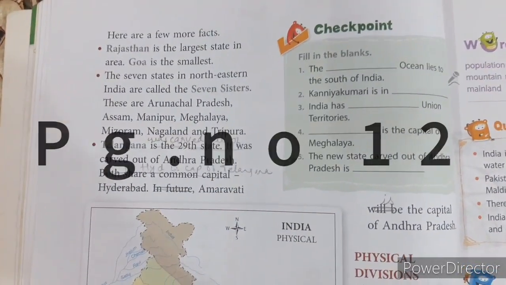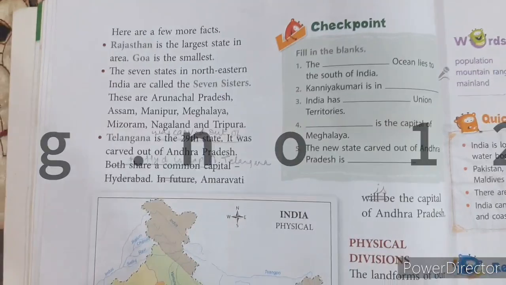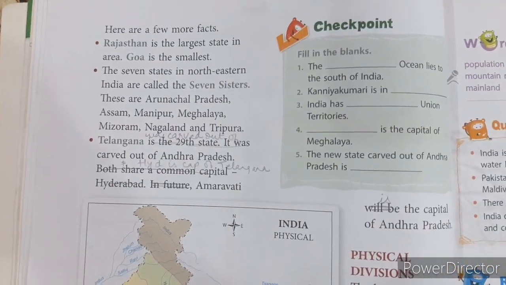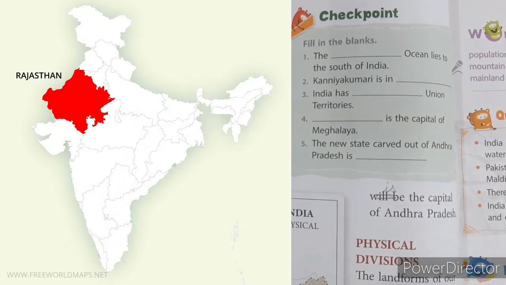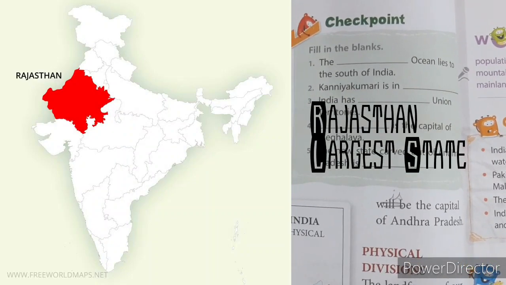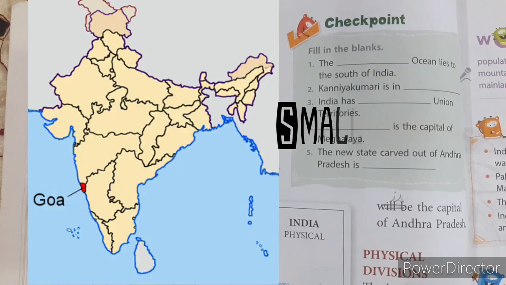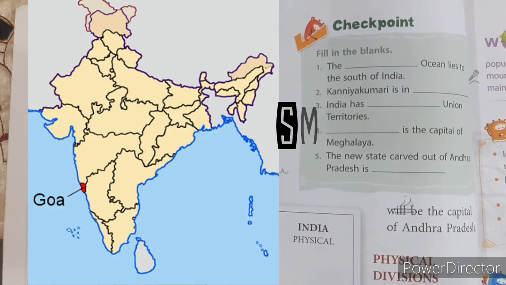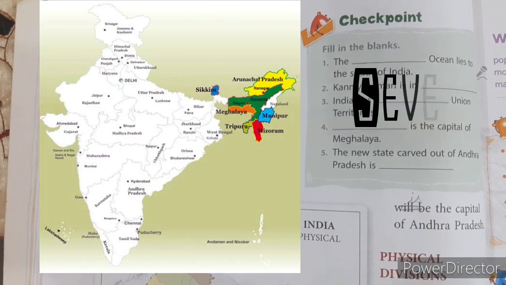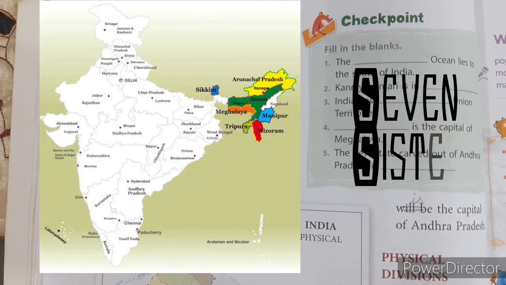Children, now let's come to page number 12. Here are a few more facts about our country, India. The first fact is Rajasthan is the largest state of our country, while Goa is the smallest. The 7 states in northeastern India are called the Seven Sisters.